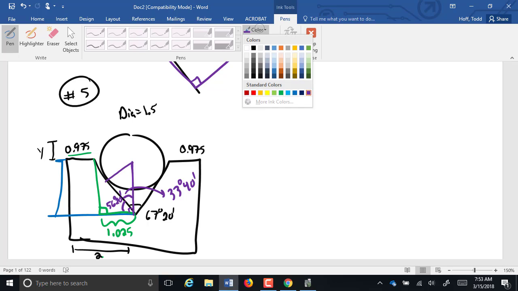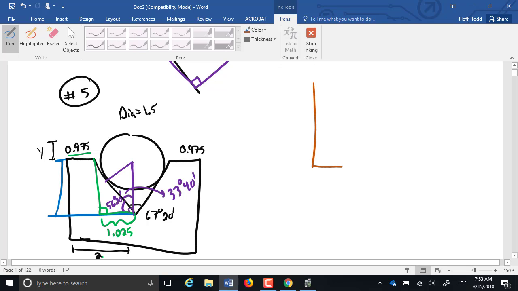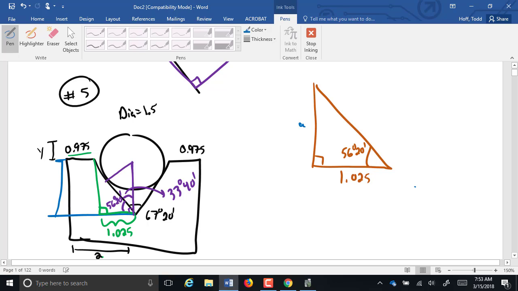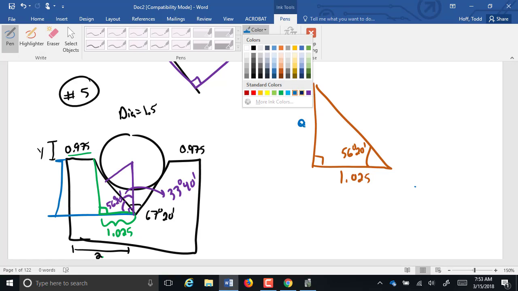So we've got that triangle. I'm going to redraw it out here. 56 degrees 20 minutes, right angle, 1.025. Going to call this side A over here. To find side A, what sides do I have?